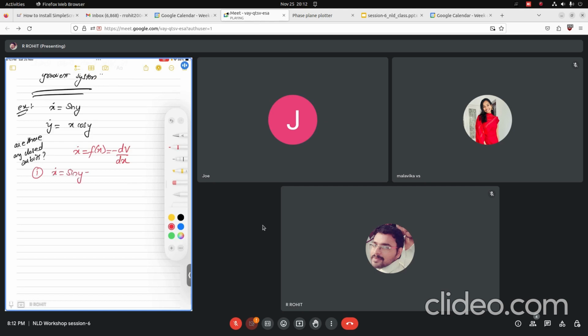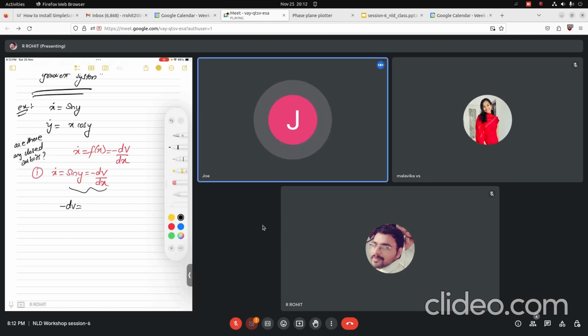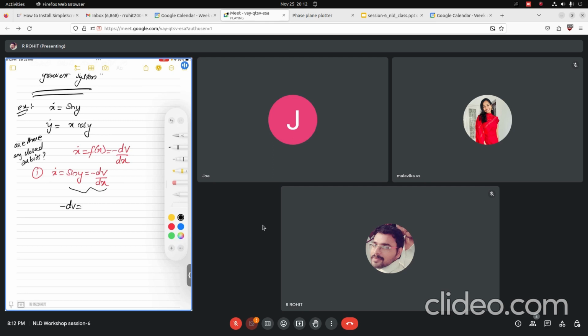This is nothing but equal to minus dv by dx. Since I am taking x dot here, I am putting minus dv by dx. If I take y dot, then minus dv by dy it should be.